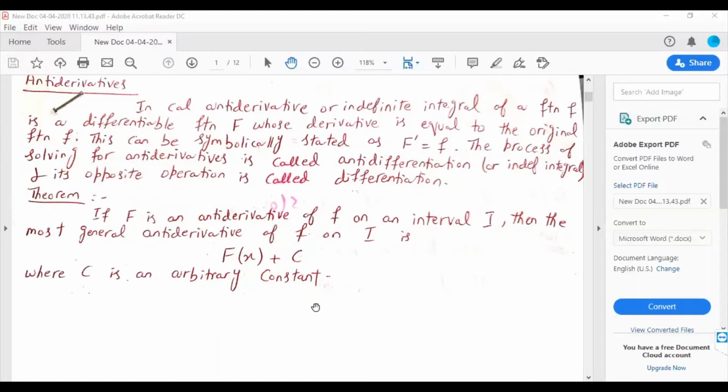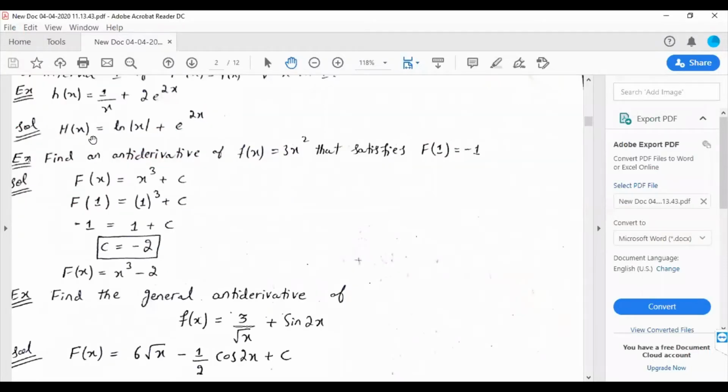So we can say that the process of recovering a function capital F of x from its derivative f of x is called anti-differentiation, and we use capital letters such as capital F to represent an antiderivative of a function.